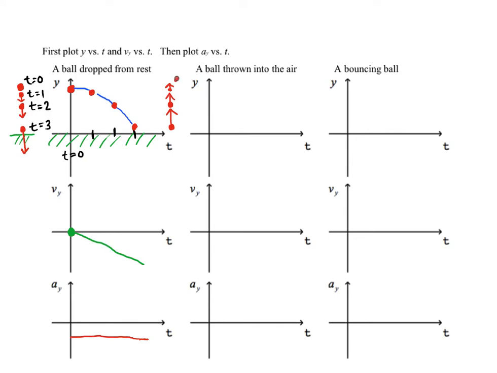Where it eventually reaches a peak where the ball just stops for an instant. Then we want it to turn around and come back down. Okay, that's just a qualitative motion map of what's happening in this situation. You throw the ball up, it reaches a peak, and then it comes back down.